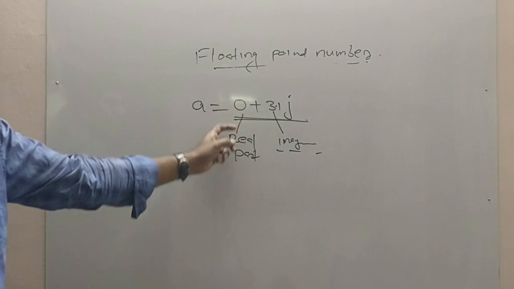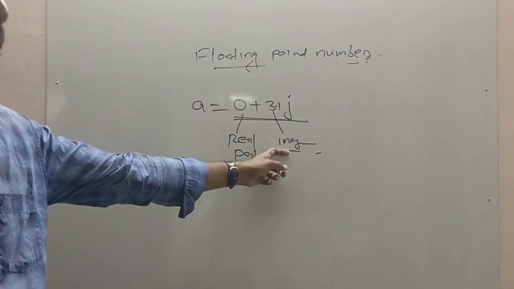I already told you 0 is called the real part and 3.1 is called the imaginary part.